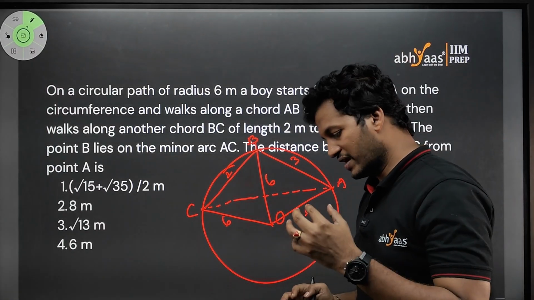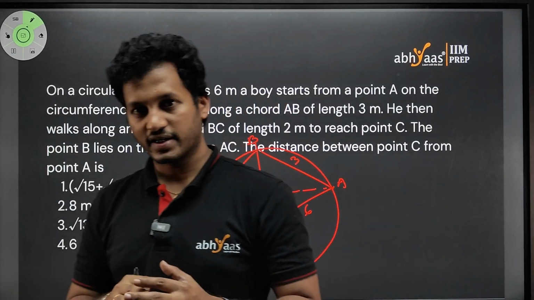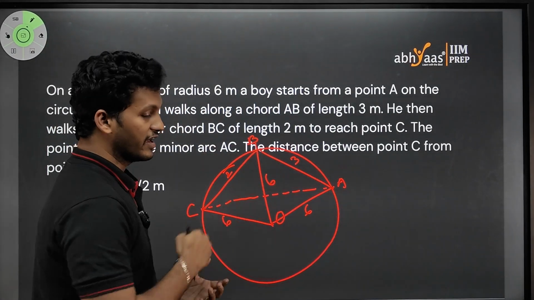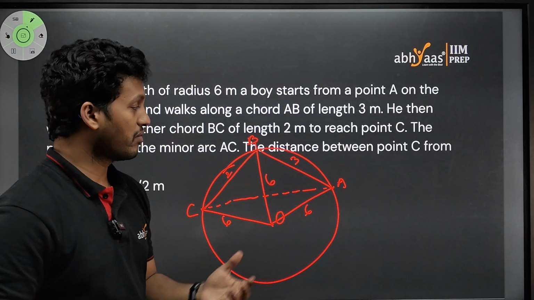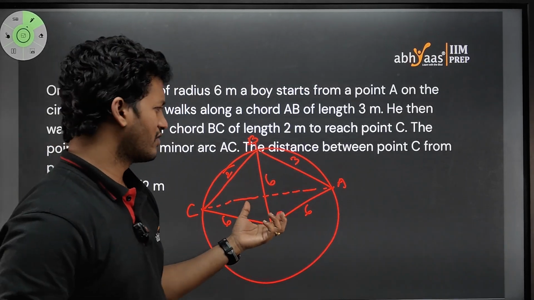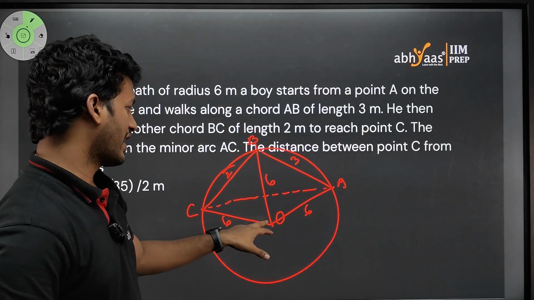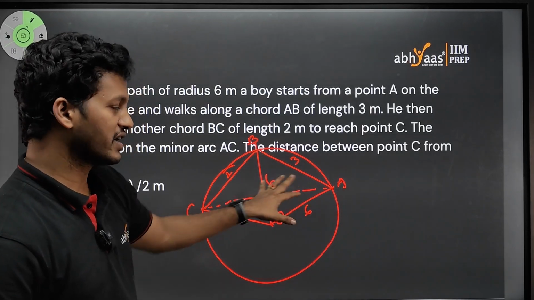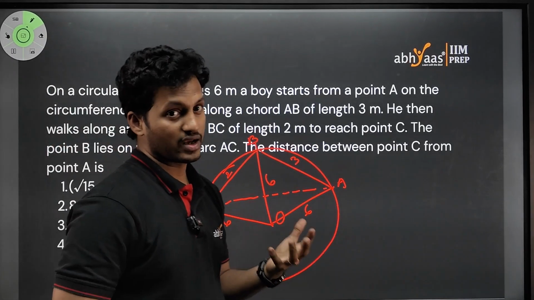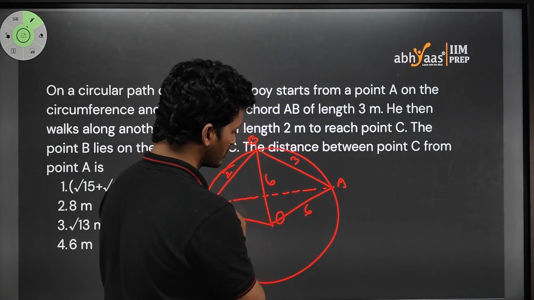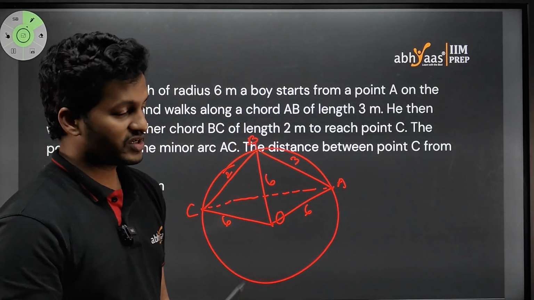So remember, whenever this occurs in your calculation, where you have lengths of every side but you don't have any clue to solve, like I don't have any clue here because there is no 90 degrees and I don't know how much angle is subtended here and here to make it a right angle triangle, even this is not exactly perpendicular to this AC, so I don't have any information like that.